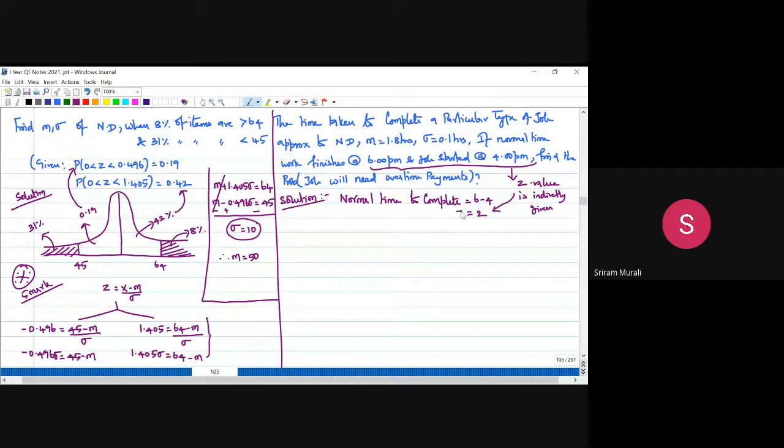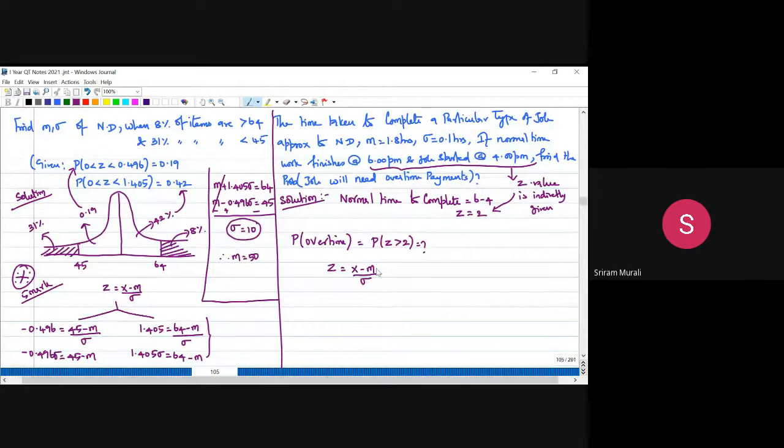This is my Z. So overtime means more than 2. Normal time is under 2 hours. Now the chance of getting overtime is equal to Z is greater than 2. So what is Z? X minus m by sigma.